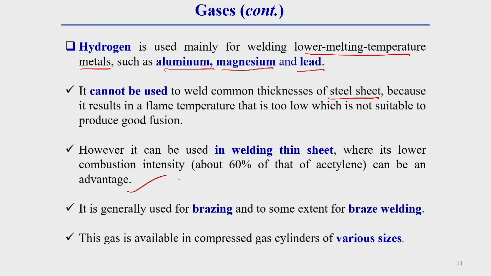It is generally used for brazing and, to some extent, braze welding. This gas is available in compressed gas cylinders of various sizes. The hydrogen gas cylinder color is red. By seeing the red color of the cylinder, we can tell which gas is inside it.